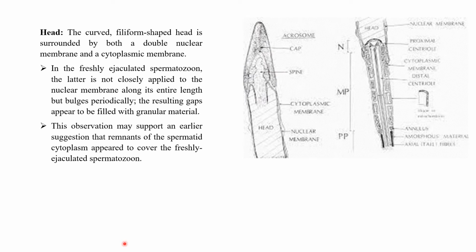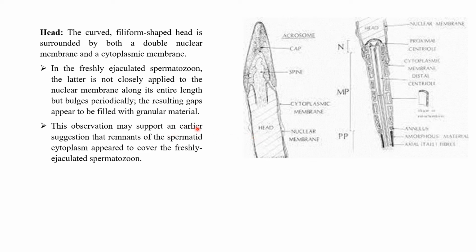Head of the spermatozoa of cock. The head is slightly curved, filiform, and is surrounded by both a double nuclear membrane and a cytoplasmic membrane. You can see here on the outside there is a cytoplasmic membrane, and inside it is covered by a double nuclear membrane.